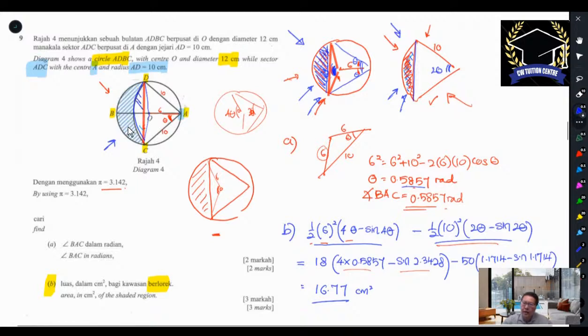Minus this part, blue color part, which is here. 2 theta and this part. Okay, the red color segment minus the blue color segment. That will give me the shaded area.